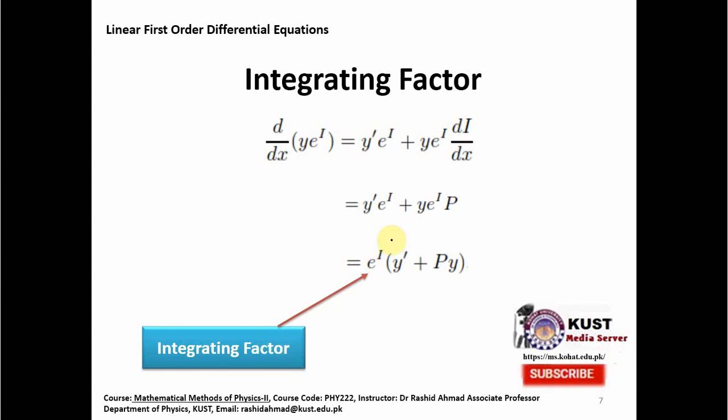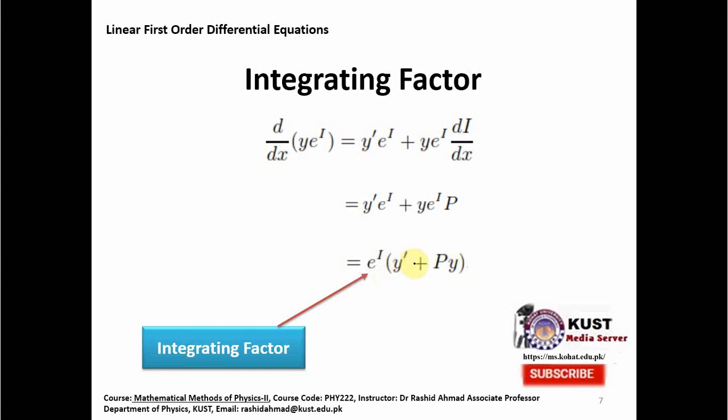Remember that I told you that this I symbol is used because of the integrating factor. So now we see that the solution is coming in the form that we are multiplying e raised to power I with y prime plus py. Remember, this was the sort of equation we had initially when we put q equal to 0.